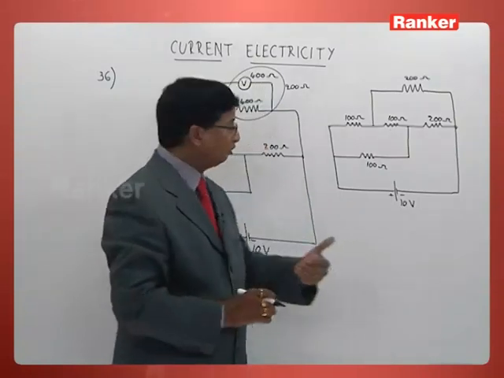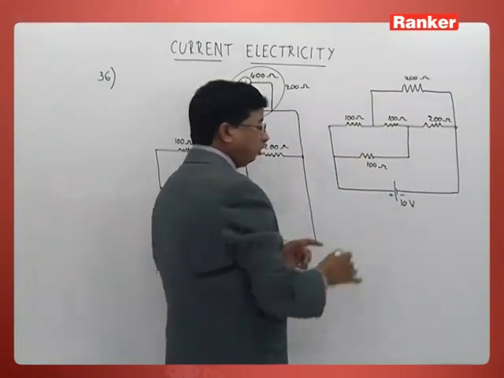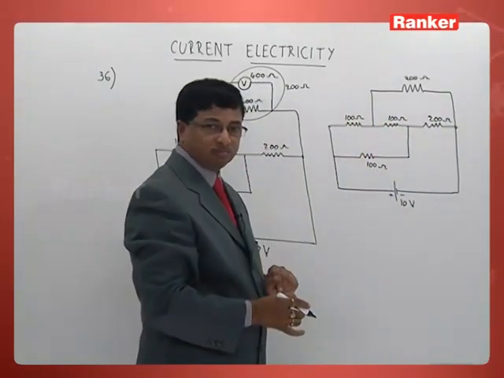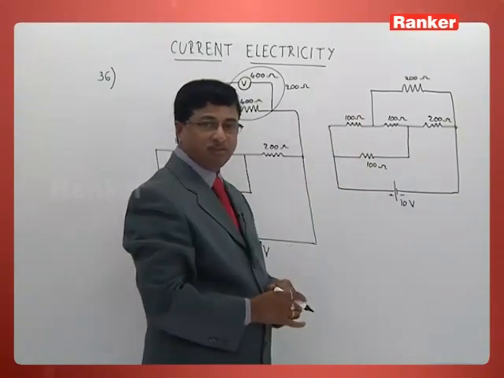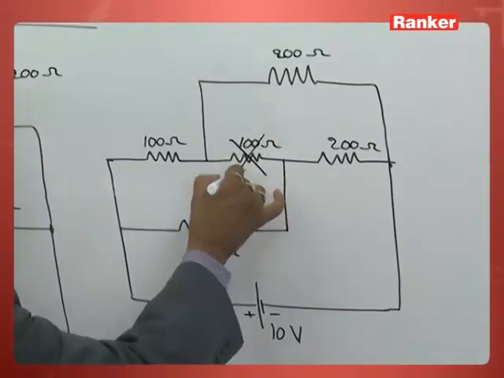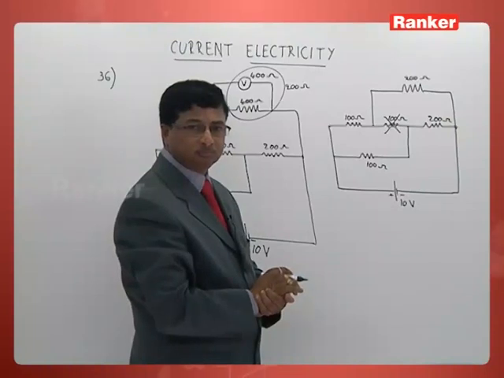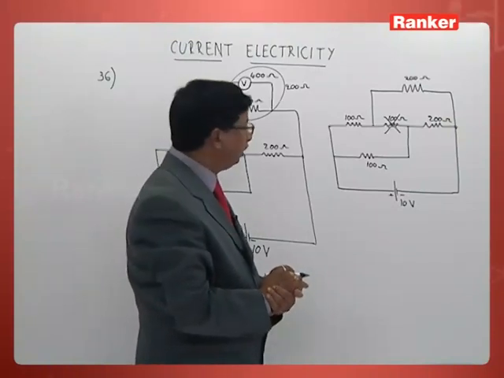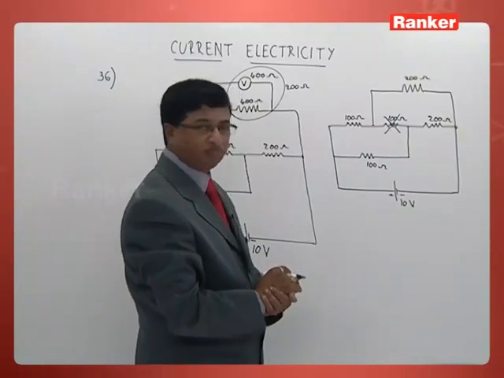Now even here, when P by Q is equal to R by S, if I apply that equation, and the equation is satisfied over here, then certainly you can say there will be no current across this 100 ohm resistance. That is what you just have to understand.